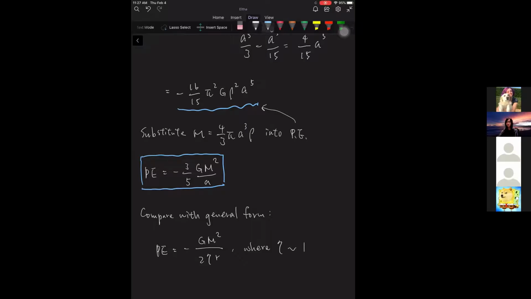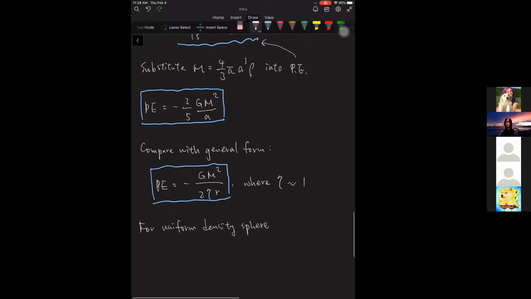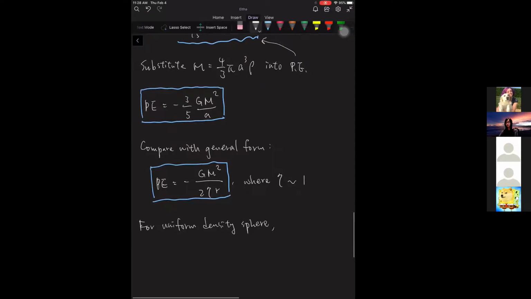Okay, so we compare these two equations, and then we will get for a uniform density sphere, 1 over 2 eta equal to 3/5, right?